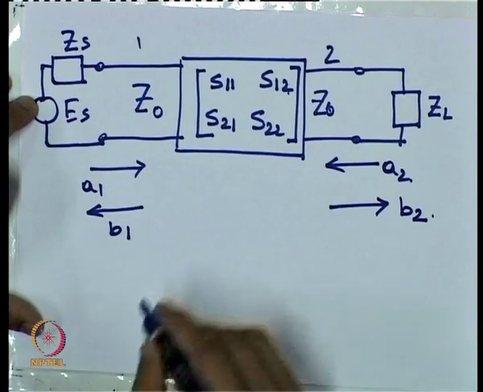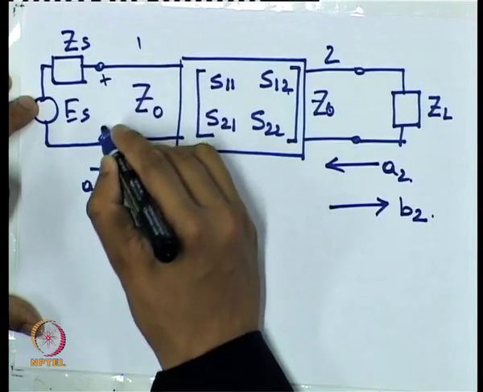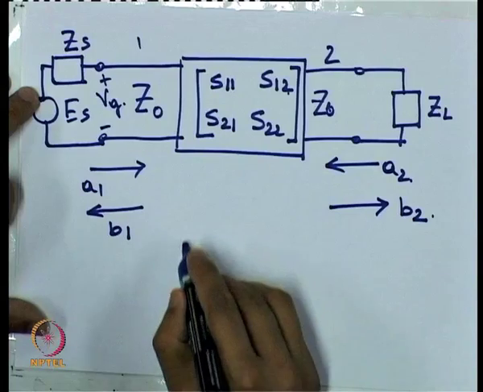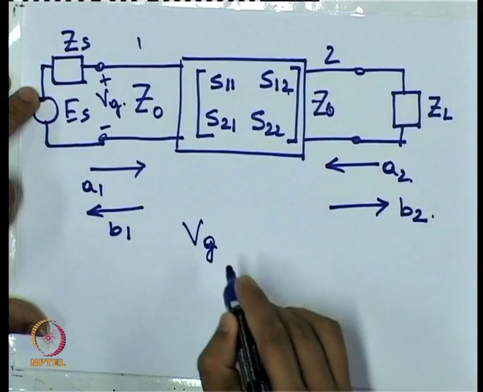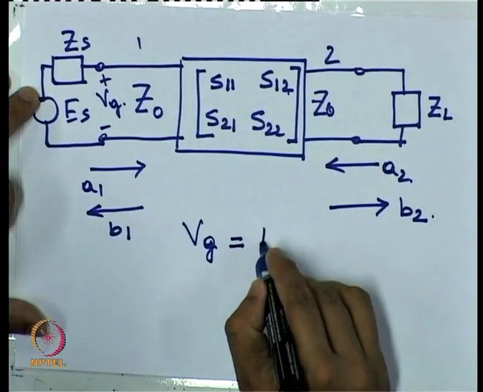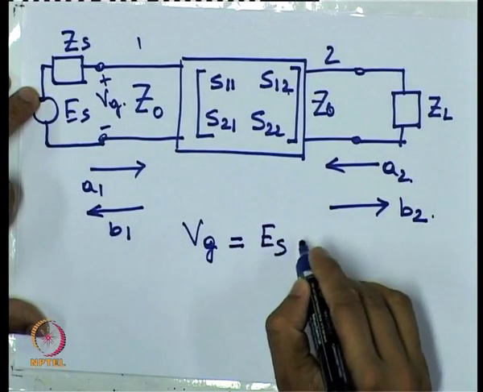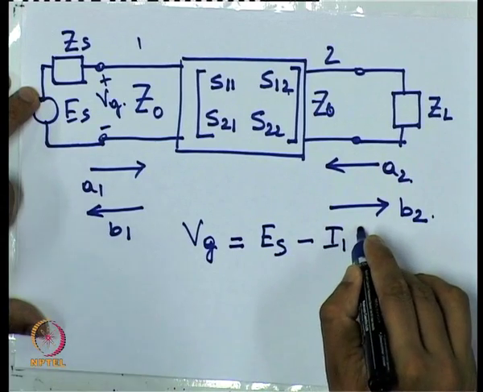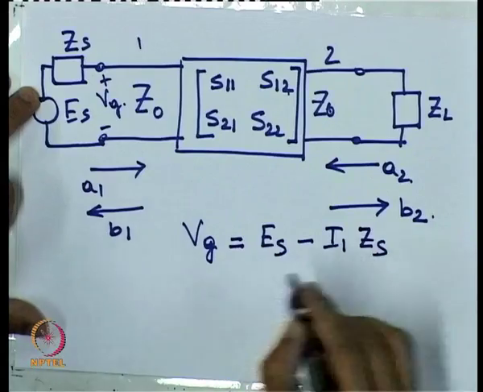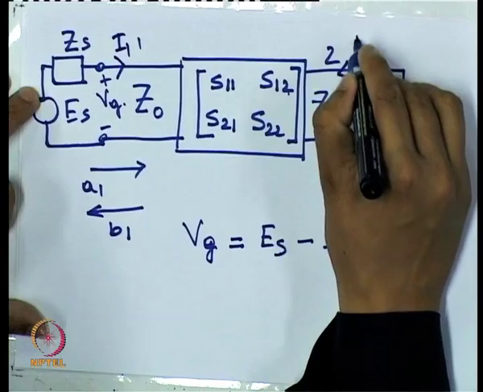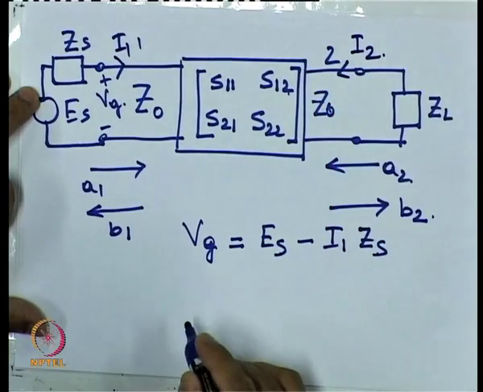Now, we can suppose Vg is the voltage that is applied to the two-port network, then we can write an expression for Vg as equal to Es minus I1 times Zs, where I1 is the current flowing into port 1 and I2 is the current flowing into port 2.